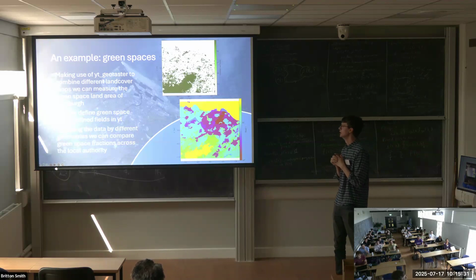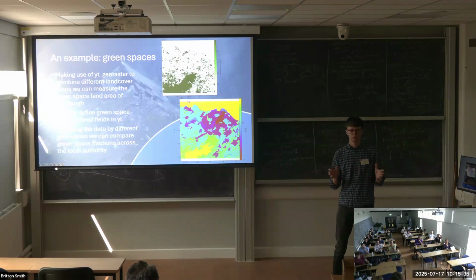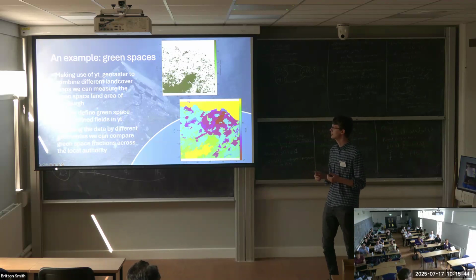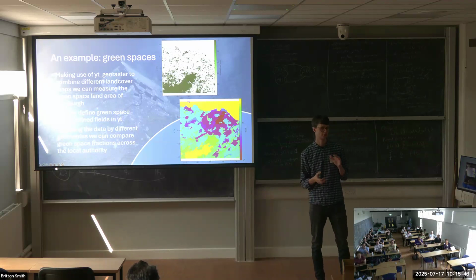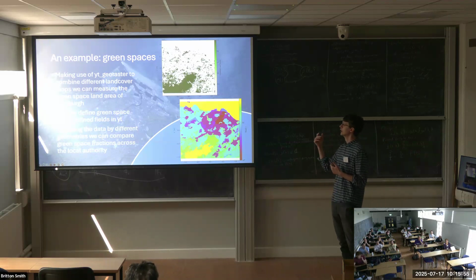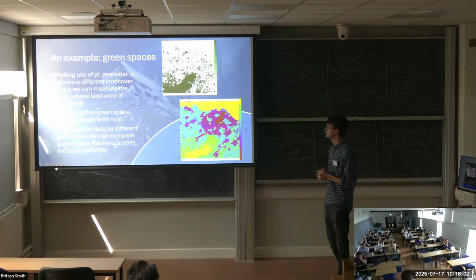We have the example of green spaces. If you imagine you're looking at Edinburgh and you want to understand the coverage of green space across the city, you can look at land cover maps, which are based off satellite data that can be provided by agencies like the European Space Agency. Copernicus have different data products, which give you a mapping in a raster format of the green space, for example, or any other kind of land cover type.